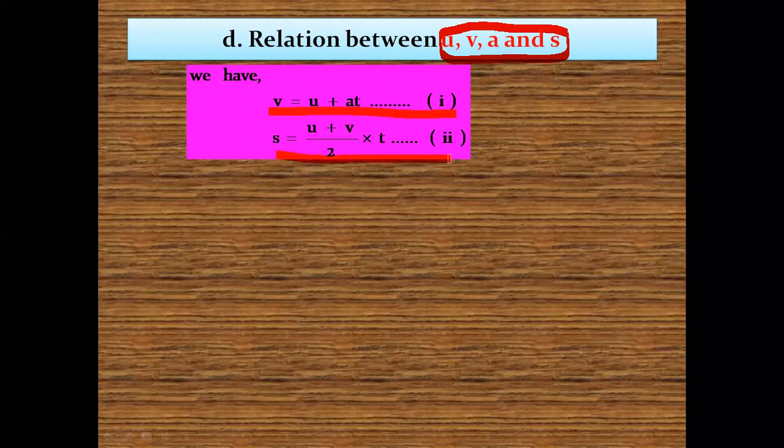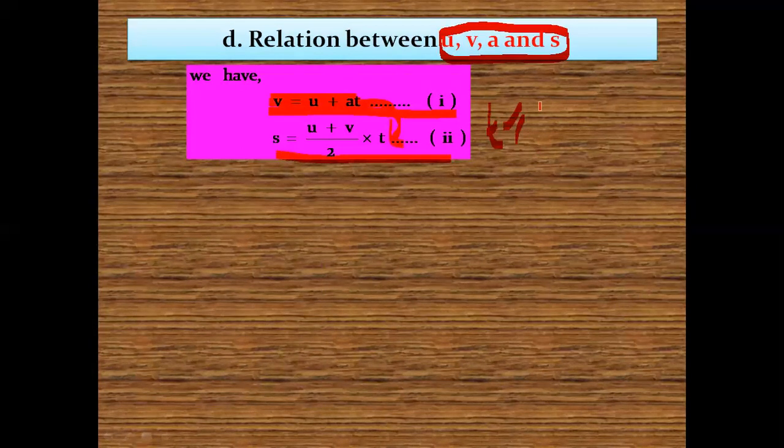Here, for the derivation of the fourth equation, we have to put the value of t from equation first. Here, from equation first we have to find out the value of t, and this value is substituted in equation second. And what is the value of t?